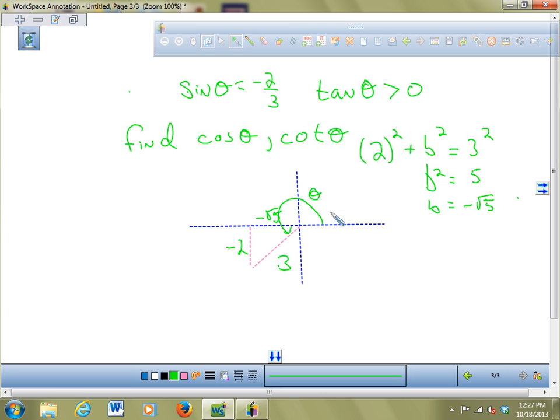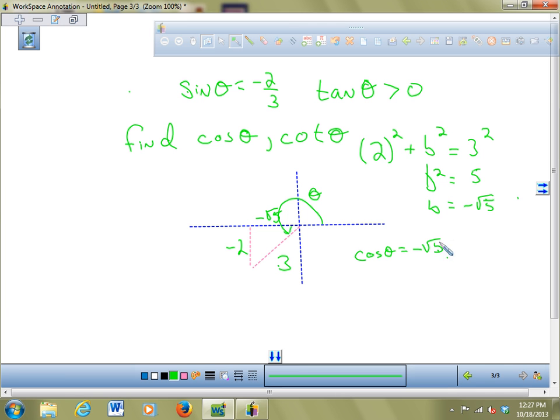What would cosine of this angle be? Look at the picture. What's the cosine of theta? X over hypotenuse. What is it? Yes, negative square root of 5 over something.